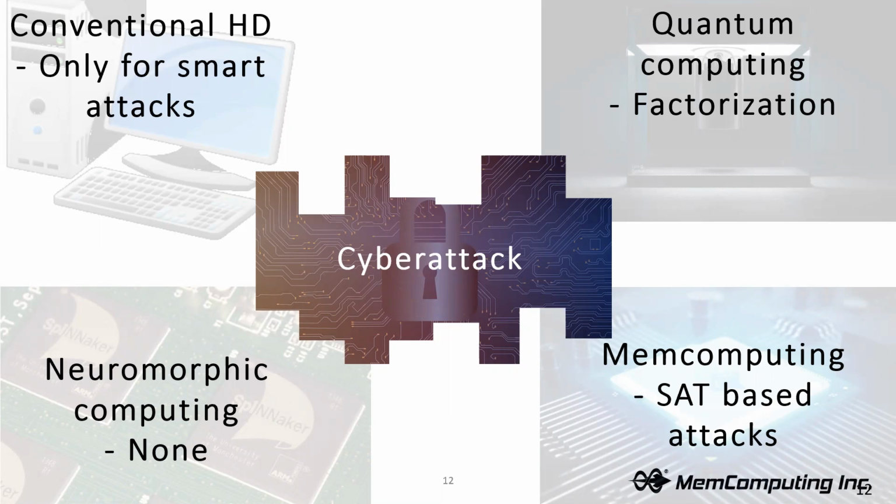And then finally, there is MemComputing. MemComputing has been devised not to make cyber attacks, but to solve hard combinatorial problems, and I will show how. But obviously, if you can solve hard combinatorial problems, maybe you can solve hard SAT problems, which ultimately can be used to make cyber attacks.